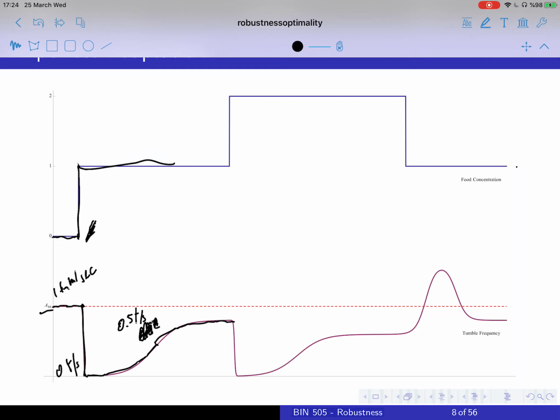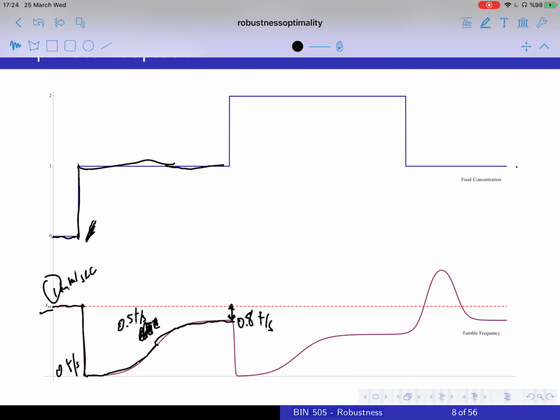Now the point is, if this new steady state is different from where they were before, it's not perfect adaptation. So let's say they come to a new steady state where they tumble 0.8 times per second instead of the original one, then this is imperfect adaptation.